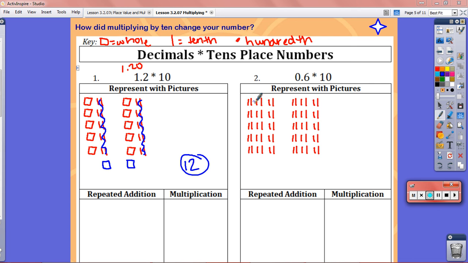Okay, so now I have 10 groups of 6/10, and I'm going to go ahead and start regrouping. 2, 4, 6, 8, 10 gives me a whole.